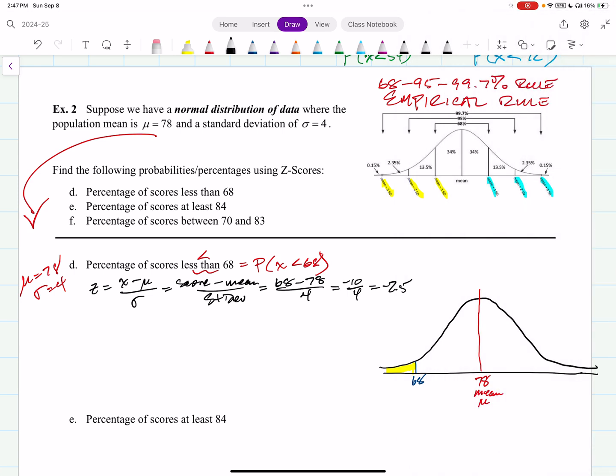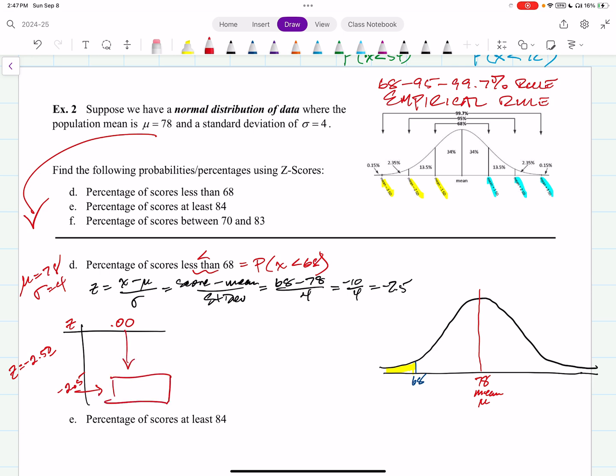And then, of course, you use the z-table. Let's do a little sketch of the z-table first. These are the z values, and z is equal to negative 2.50. You put the first two digits here, negative 2.5, and you put the hundredths digit up top, which is 0, so 0.00. Then you go across, go down, and read that number.